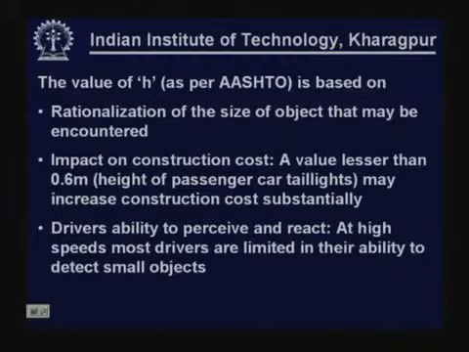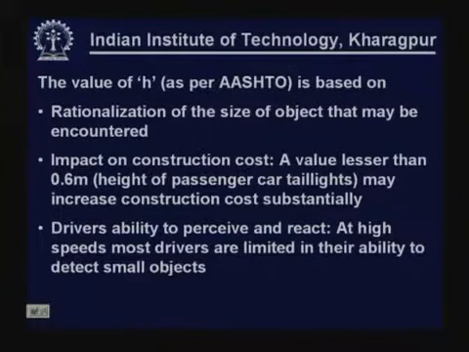0.6 meter height is actually the height of passenger car tail lights. That is the basis for taking 0.6 meter as recommended by AASHTO. Third, driver's ability to perceive and react.